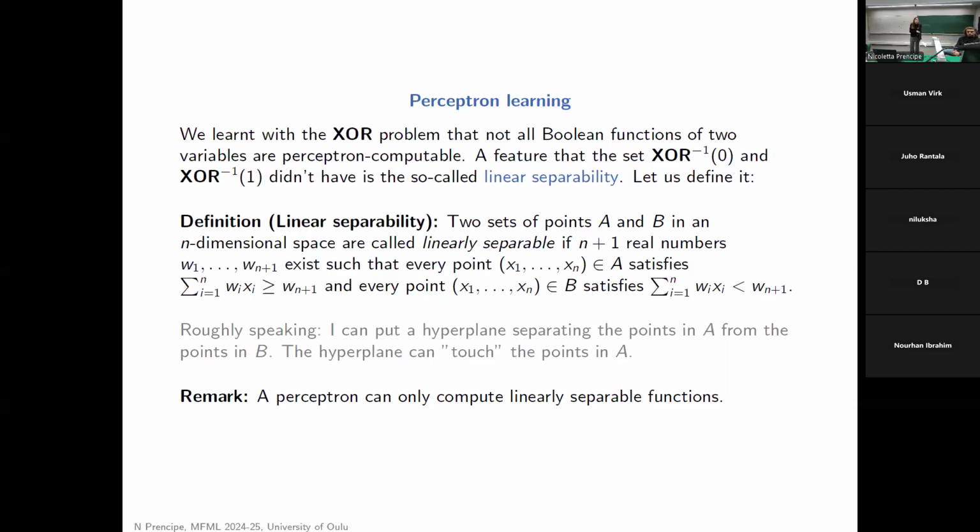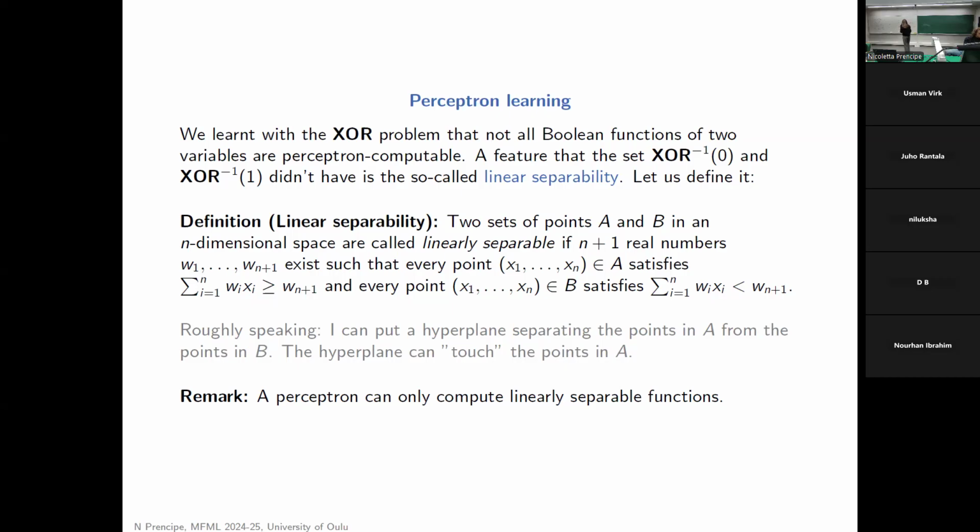So we showed already last time what this definition is. If I have two sets A and B in an n-dimensional space, so the unextended space, we call them linearly separable if you have n plus 1 real numbers, so n plus 1 weights, where w n plus 1 is minus theta, such that every point in A satisfies the inequality greater or equal, and every point in B satisfies the inequality with the strict sign.